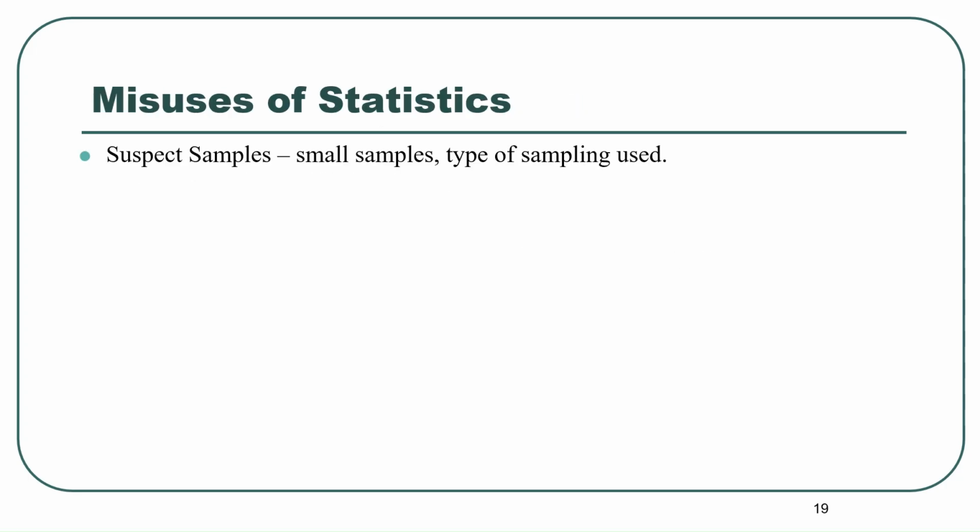So our last point that I would like to emphasize here is misuses of statistics. When you are going to read a report or an article, or just reading statistics from a magazine or whatever, just read and think about it. Always suspect the sample.